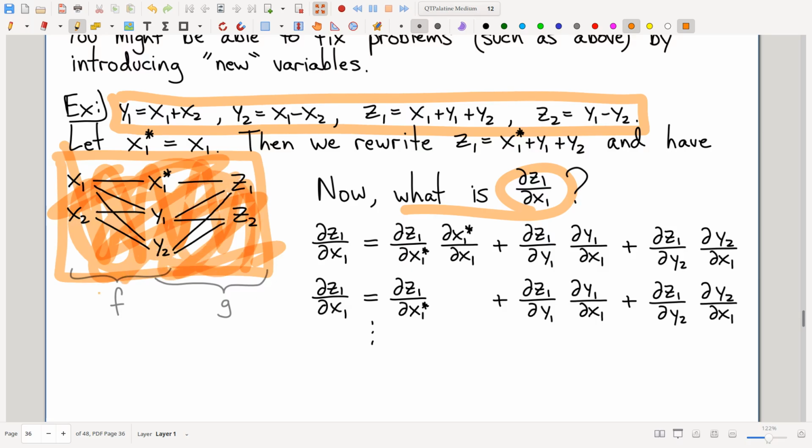But they won't have a guide telling them how to keep track of stuff, and they'll have an x1 term and a y1 term and a y2 term, and then a z2 term. They'll have partial of z1 with respect to z2 times partial of z2 with respect to x1, and I'm like, what? Where did that come from? That's not even an intermediate variable. They're writing down extra terms that don't make any sense.